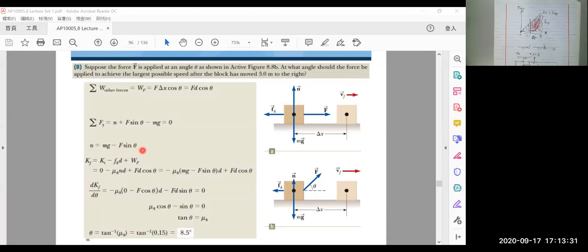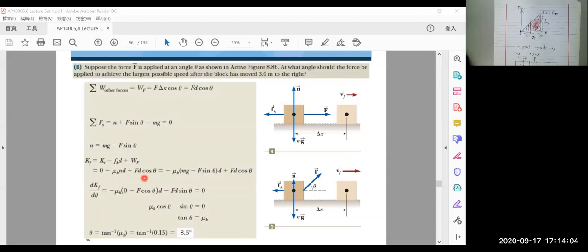Now, think about the conservation of energy. Final kinetic energy is equal to the initial one, which is starting from rest, so 0, plus the work done by force F, which is Fd cosine theta, minus the frictional work done, which is mu k times N times d.